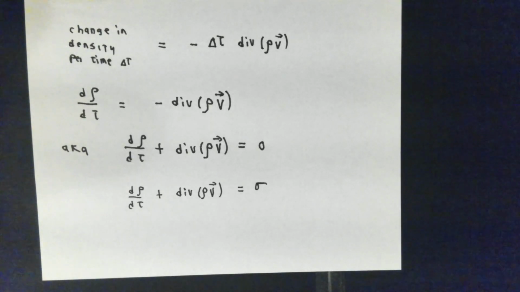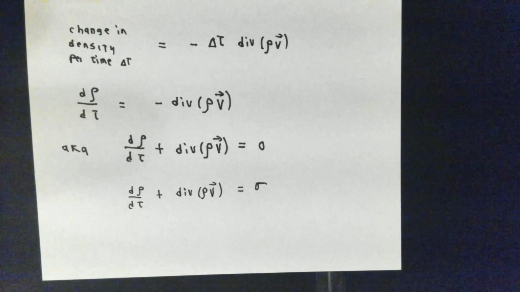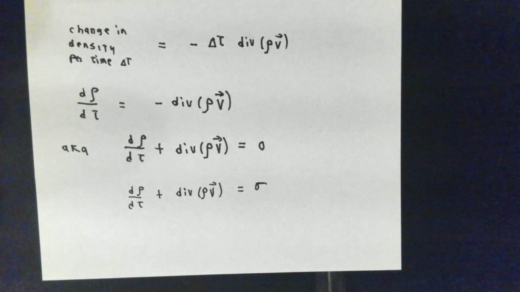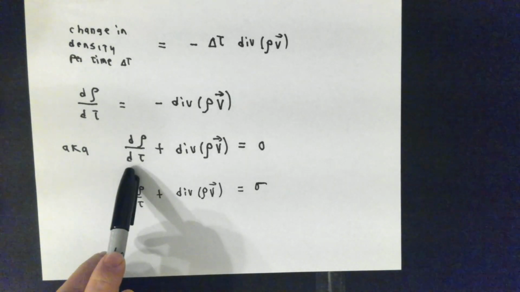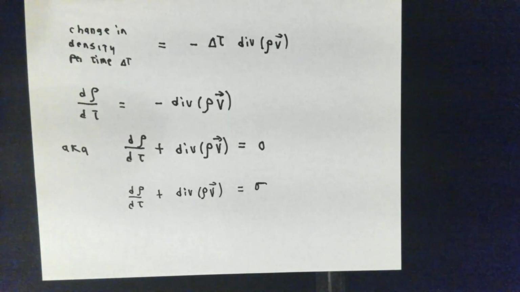At the moment, though, this is a little bit unsatisfactory from a relativistic point of view. The space derivatives are partial derivatives, while the other derivative, d rho d tau, is the usual kind of derivative.